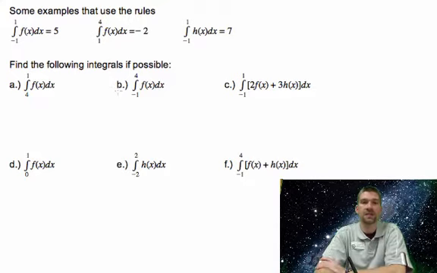All right, so here are some examples that use some of these different rules for finding integrals. We're not told exactly what the functions are. We're just going to try and use these rules to sort out what goes where and how.